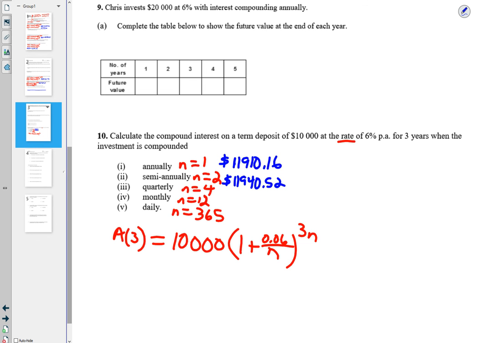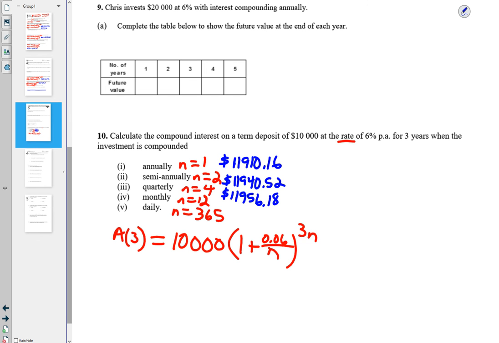Compound quarterly, I'm getting 11. I would do these for you step by step, and the bell wasn't going to ring yet, but I just wanted you to see the answers so that if you do them later, you can check if you got the same thing.